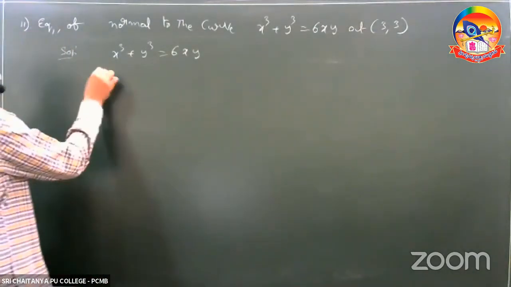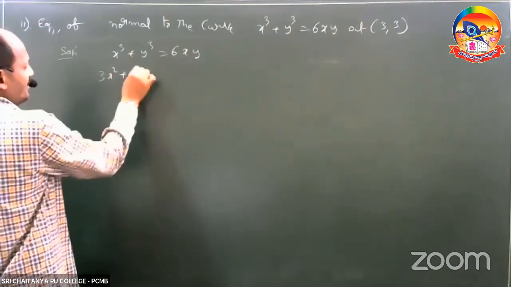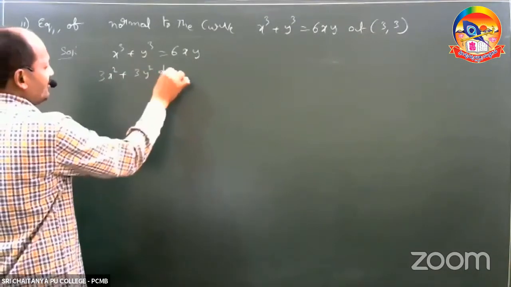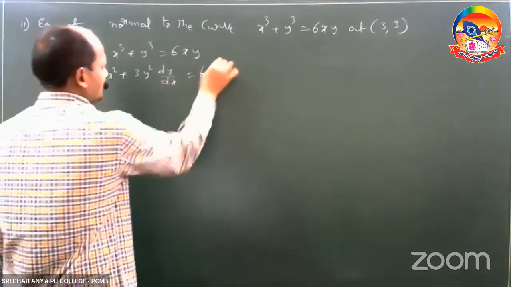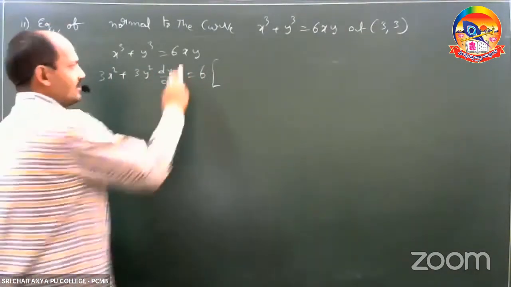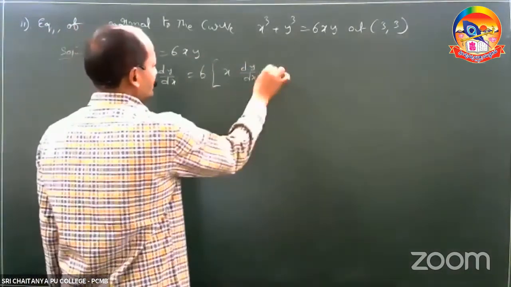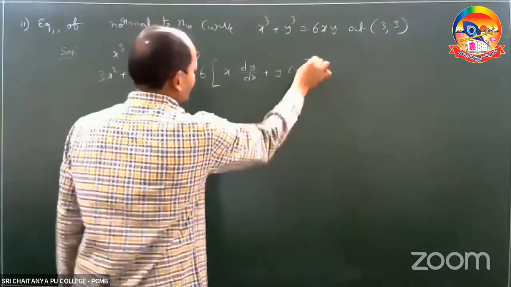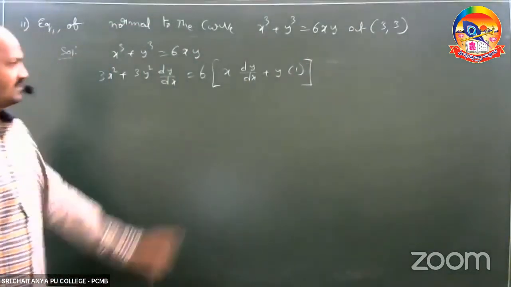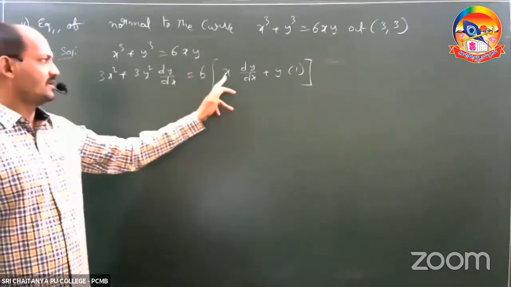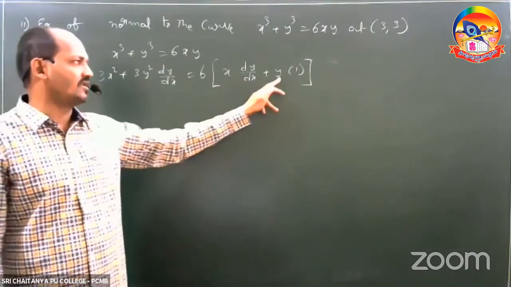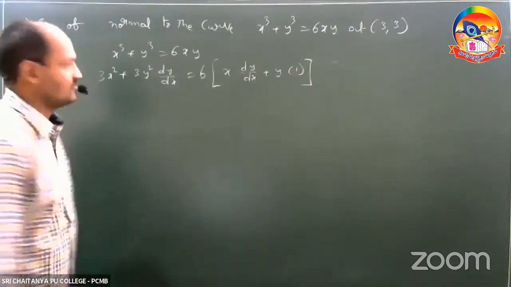First derivative: 3x square plus 3y square dy by dx is equal to 6 into the derivative of xy. By the uv formula, x into the derivative of y plus y into the derivative of x, that is 1.